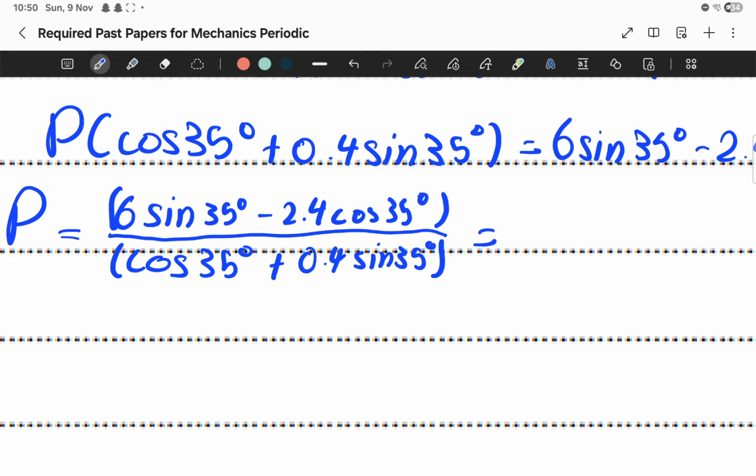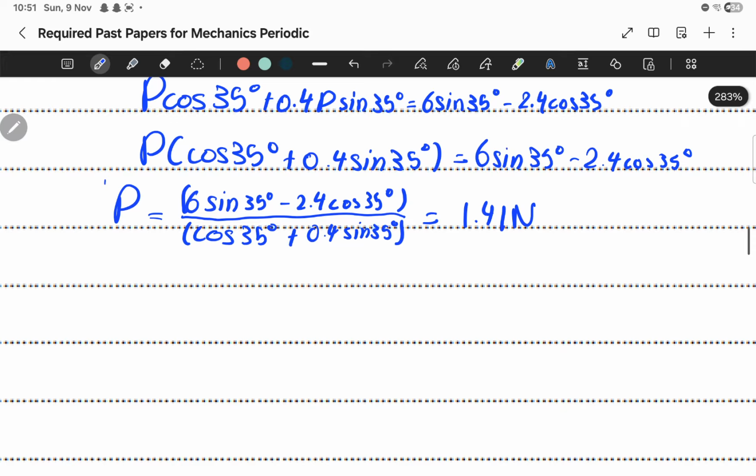Let me put it in the calculator: 6 sine 35 minus 2.4 cosine 35, close this bracket, and we're done with this. Go down, cosine 35 plus 0.4 sine 35. Done. Close it. 1.41 newtons.